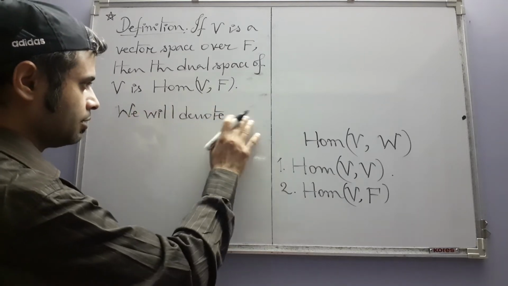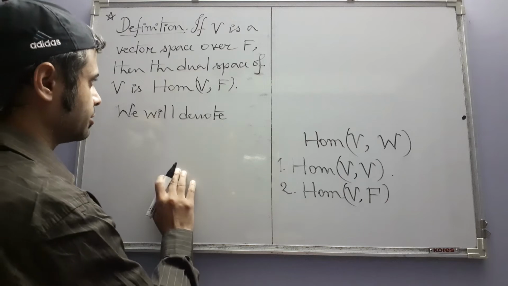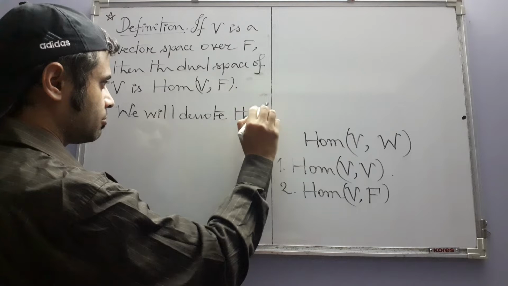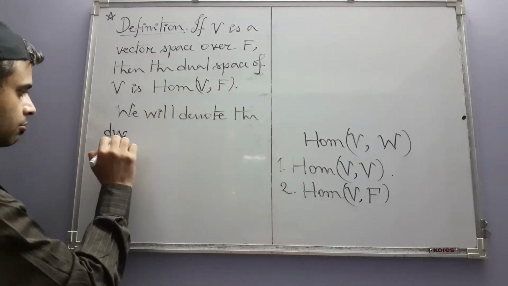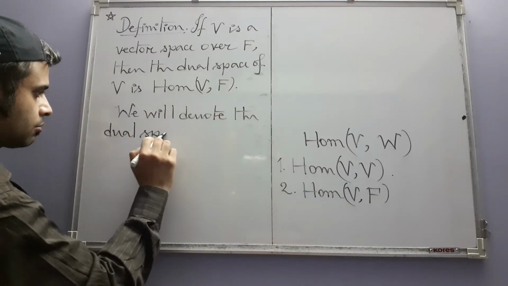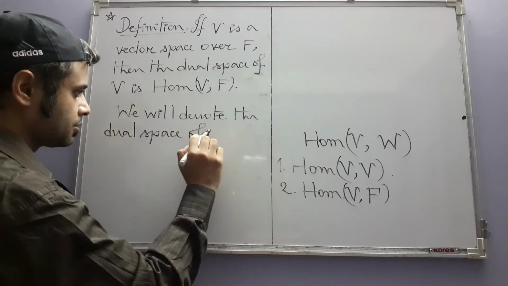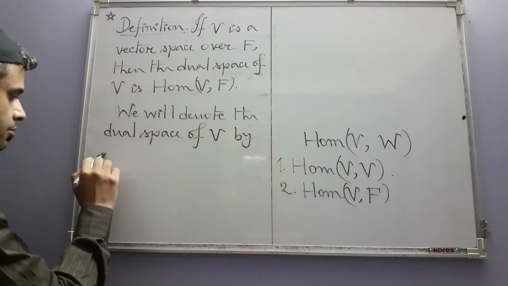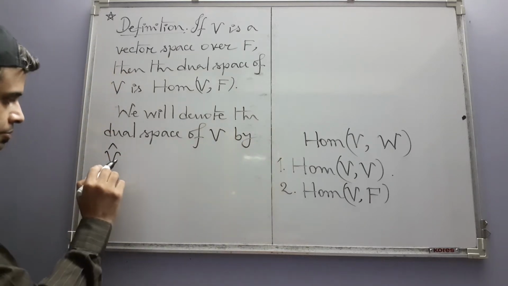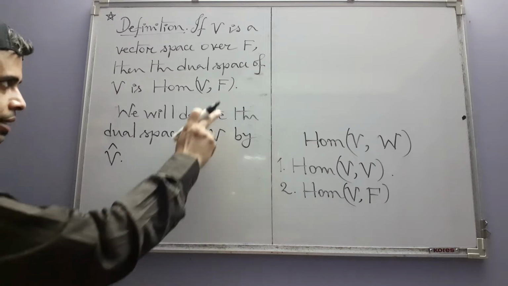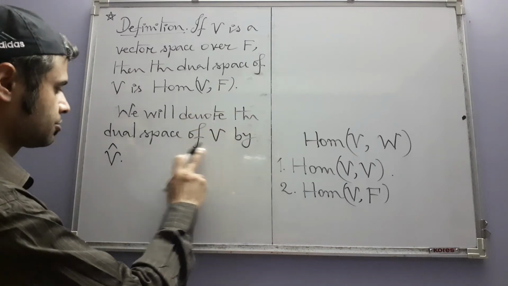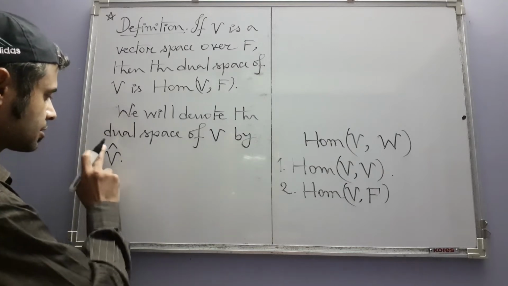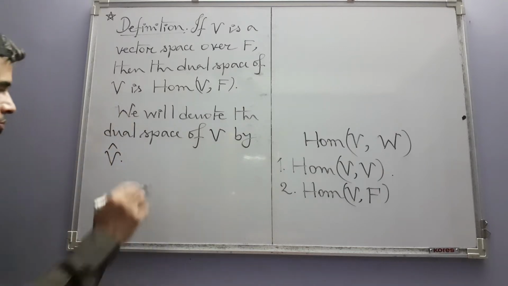We will devise a shorter notation to denote the dual space of V. We will denote the dual space of V by this notation, V hat. Because the underlying field is understood, we do not include that, saving space. We just simply write V hat.